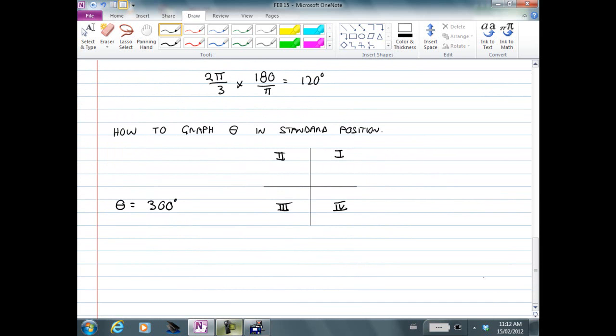Abraham, what quadrant? Quadrant 4 is correct. See, it's in quadrant 4 because it's 0, 90, 180, 270. So all you're going to do is just draw a line anywhere you want in quadrant 4. And this is what you've got to do. You're going to draw a little trail from your starting line all the way to your ending line.